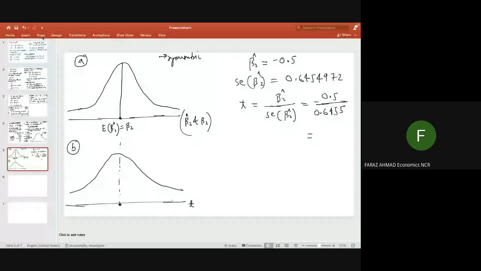So you can use your calculator to calculate this, and please tell me what it comes. So minus 0.774.